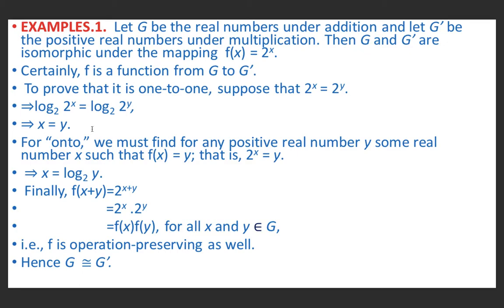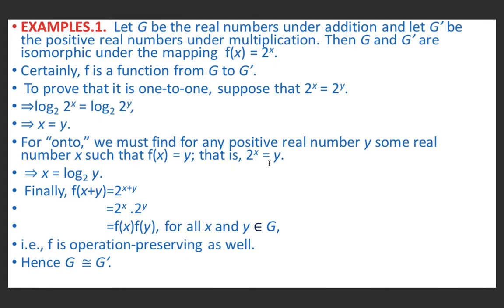Now we will show that f is onto. For this, we must find, for any positive real number y, because y is an element of G', and G' consists of positive real numbers, some real number x such that f(x) is equal to y. That is, f(x) is nothing but 2^x, so 2^x equals y.